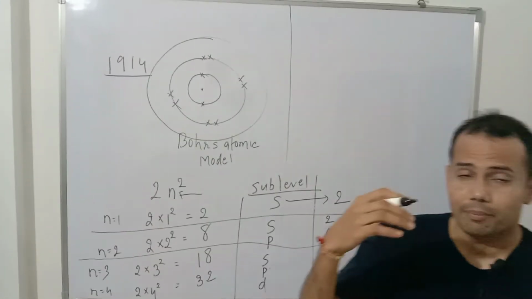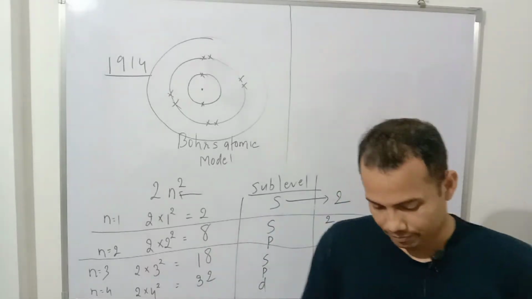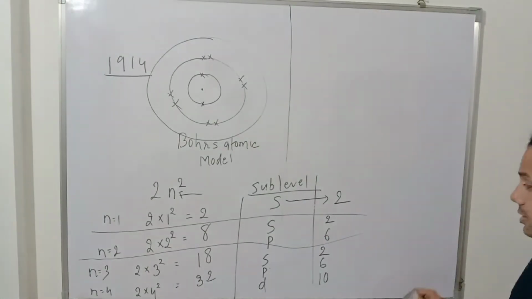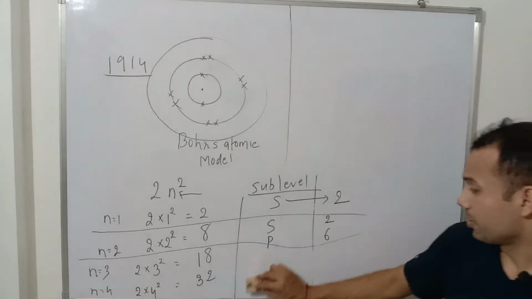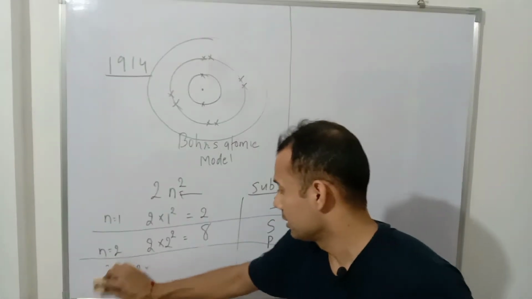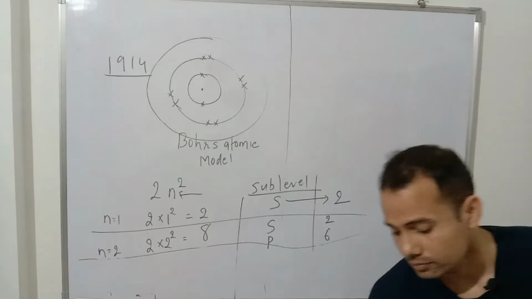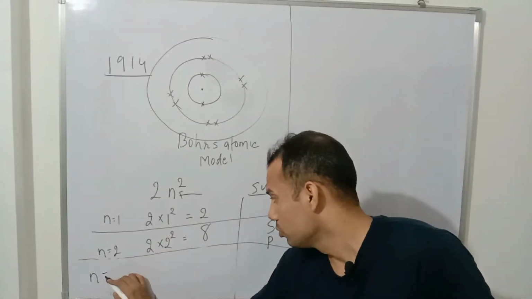Now if I move ahead and take n equal to 4, then it will become S, P, D and F. So I will erase this one, and I will take the example of n equal to 4.